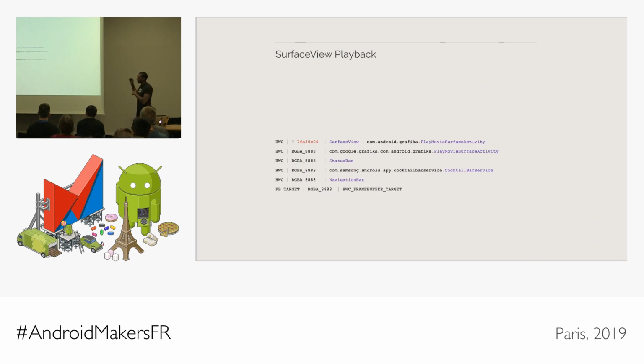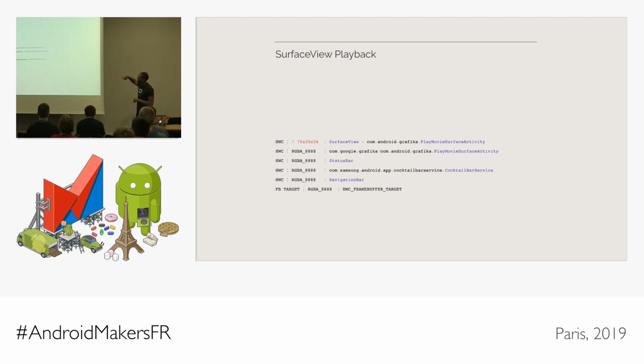What you're going to get here is a list of the layers that are going to be composited by SurfaceFlinger. In the case of SurfaceView playback, you're going to see an explicit SurfaceView layer. This is actually the video layer we were talking about, that video buffer that's going to be composited by SurfaceFlinger. And then there's also this Android Grafika PlayMovieSurfaceActivity, and that's the app window.